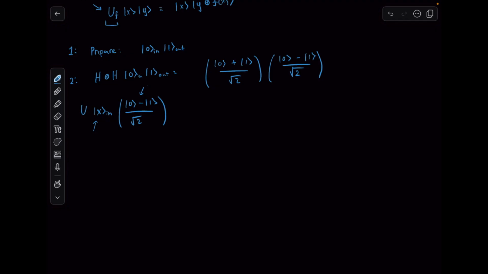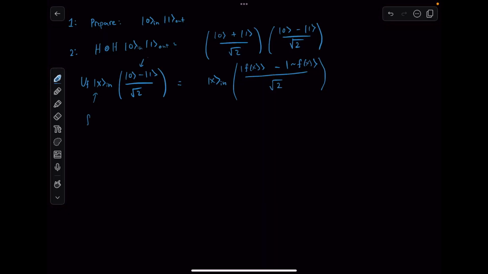So let's see what happens. Let's apply U_f right now. And we can follow the rules of linear transformations to find that the state we get here is f of x minus the negation of f of x, because f of x XORed with 0 is f of x. f of x XORed with 1 is the negation of f of x.